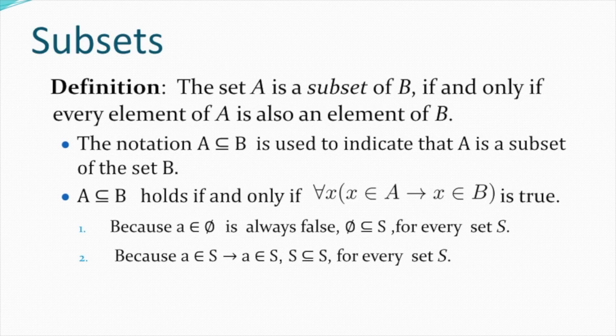Also, if a belongs to S, then a belongs to S, so S is a subset of S. The same set is a subset of itself for every set S, which basically satisfies the condition. We satisfy the if-then part: S is a subset of S.